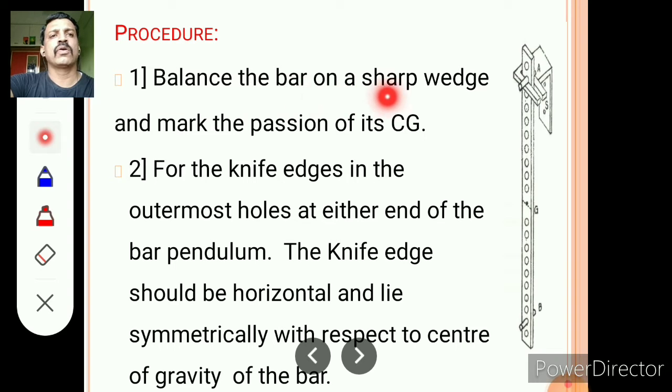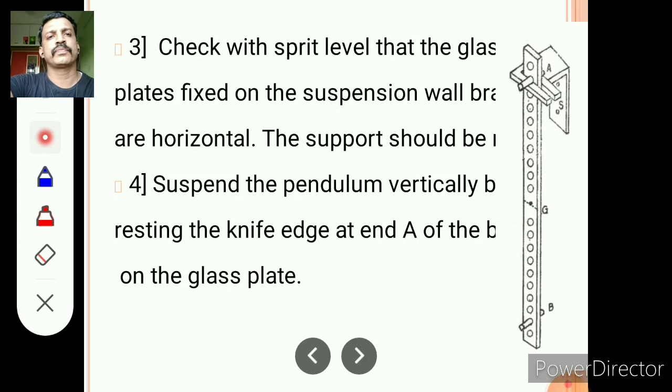Balance the bar on a sharp edge and mark the position of its center of gravity. Place the knife edges in the outermost holes at either end of the bar pendulum. The knife edge should be horizontal and lie symmetrically with respect to the center of gravity of the bar.